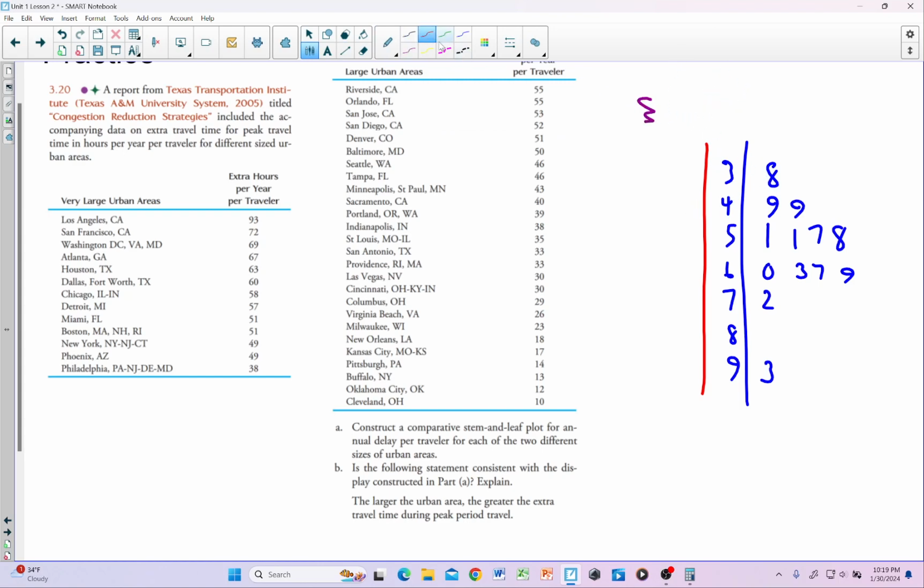It's doing something funky. Oh, looks fine. Whew, thought I was going to lose the video for a second. Okay, so now we're going to add the missing stems that we need. Looks like we need a stem for 1 and 2 to cover this data set. So let's go ahead and do that.